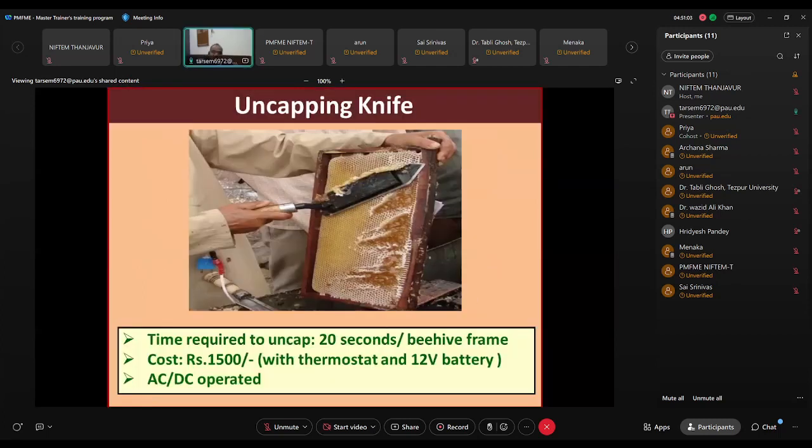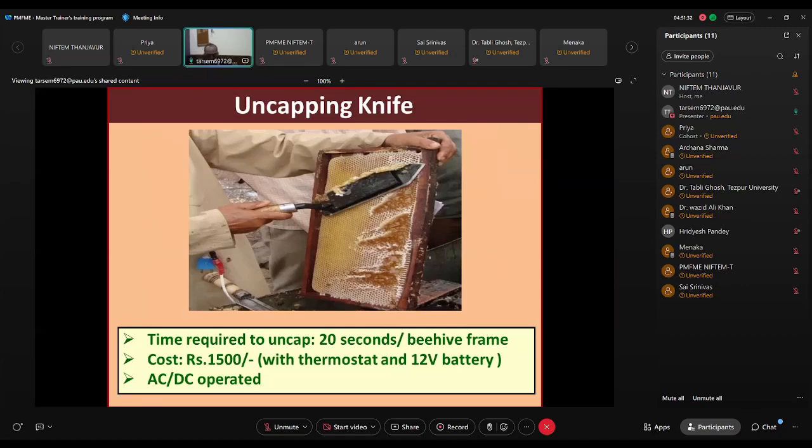Like this is one simple gadget, the uncapping knife. When we are commercially producing honey, wax coverings are formed over the honey cells. To remove that, we have developed an electrically heated uncapping knife, which is electrically as well as battery operated.